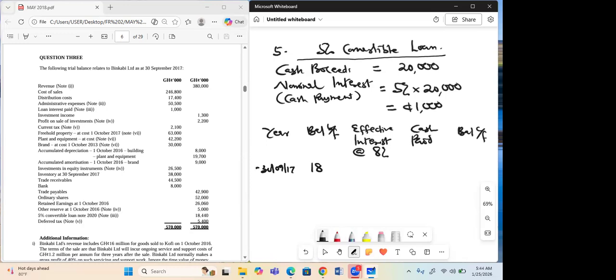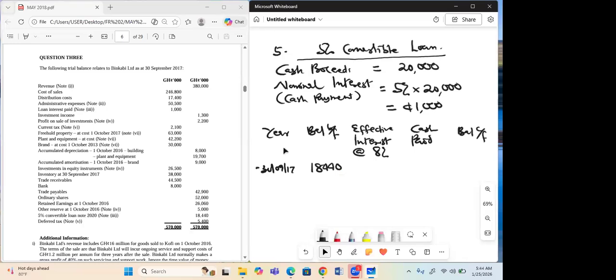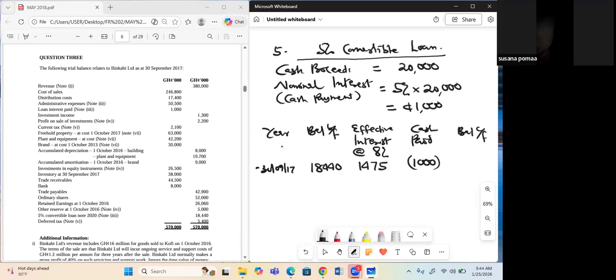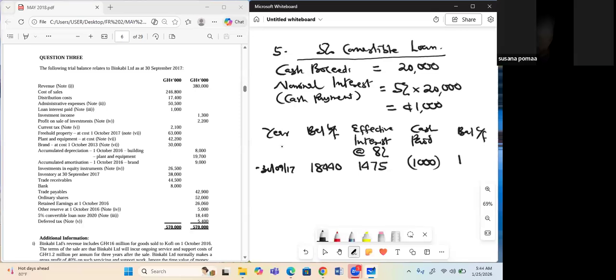The opening balance is 18,440. Give me 8% interest. 1,475, right? And we'll pay cash of 1,000. What will be the balance? 18,440 plus 475 minus 1,000. That's 18,915, right?